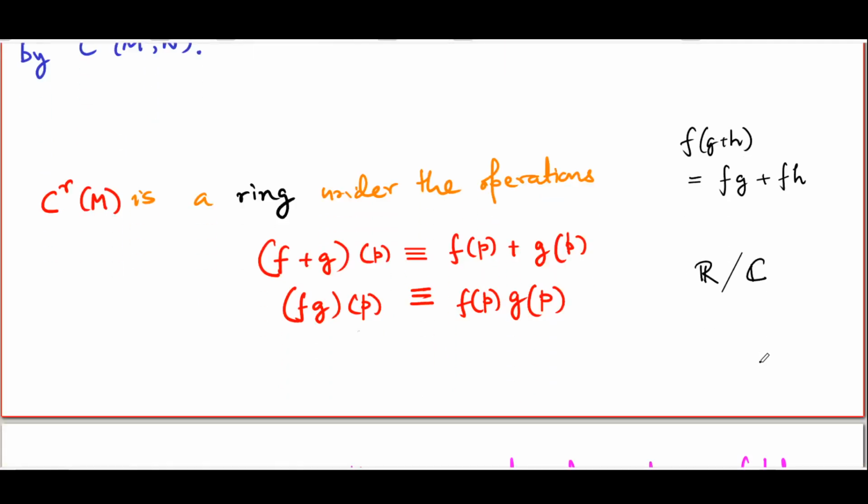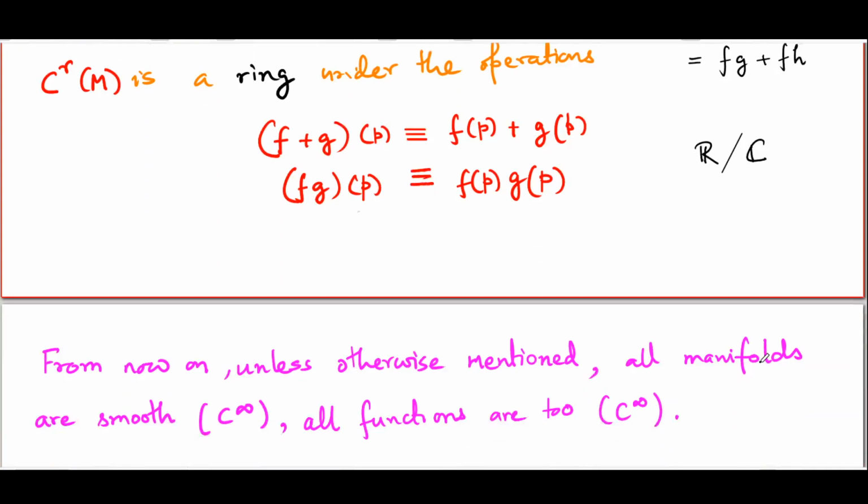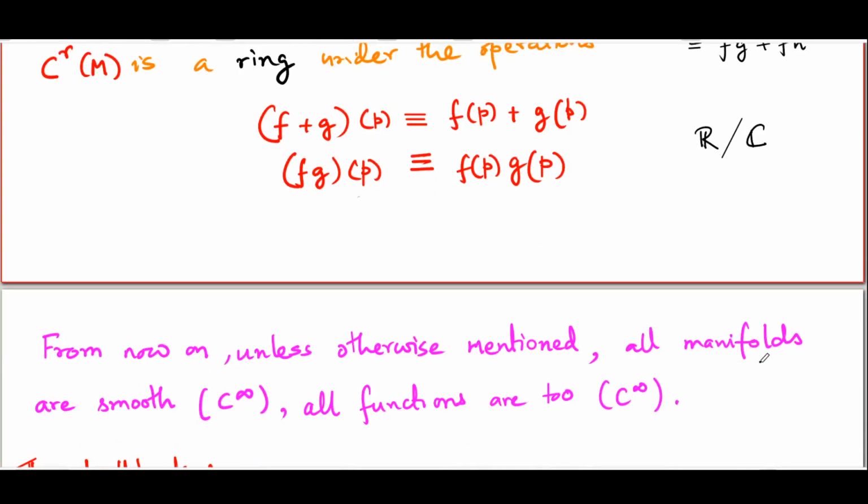From this point on, unless otherwise mentioned, all our manifolds will be smooth manifolds. So all our charts will be essentially C infinity compatible with each other.